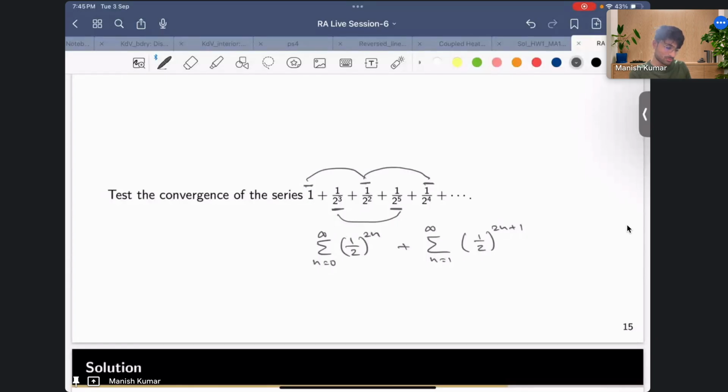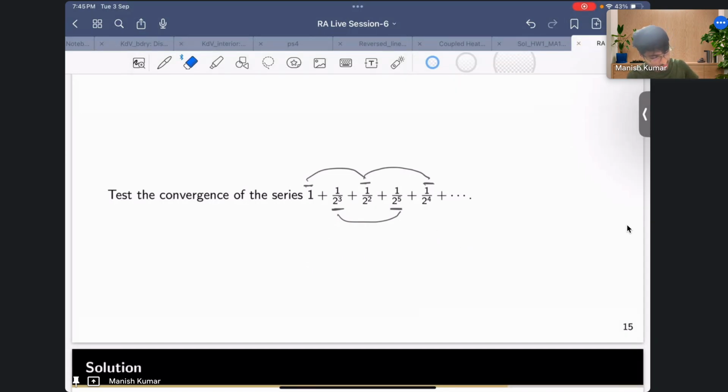Can you see the proof from here? In fact, you can just simply combine this. This is nothing but summation 1 by 2 raised to the power k, where k is from 0 to infinity.